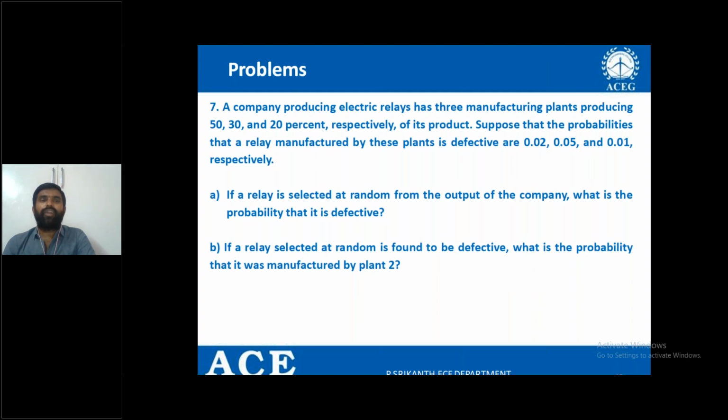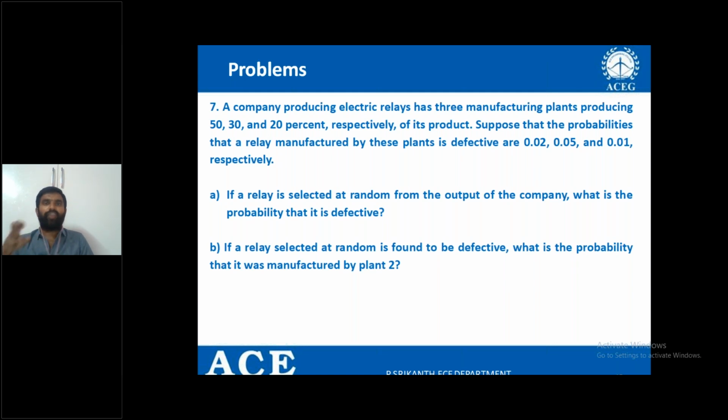Suppose that the probabilities that a relay manufactured by these plants is defective are 0.02. That is, from the manufactured units of the first, that is A1, the probability of the defective one is 0.02.